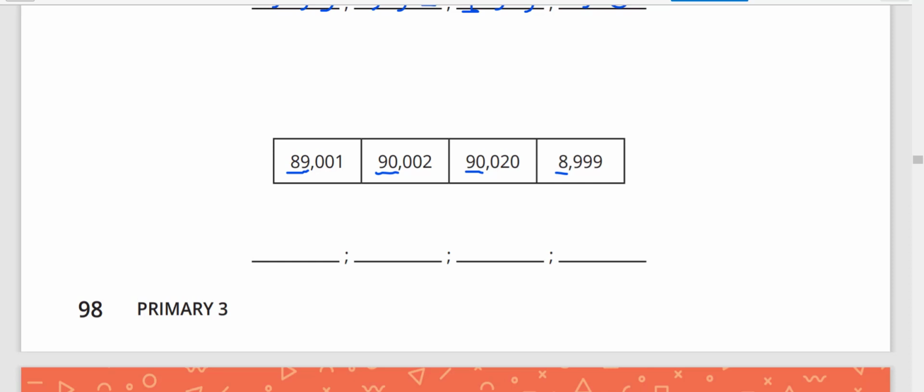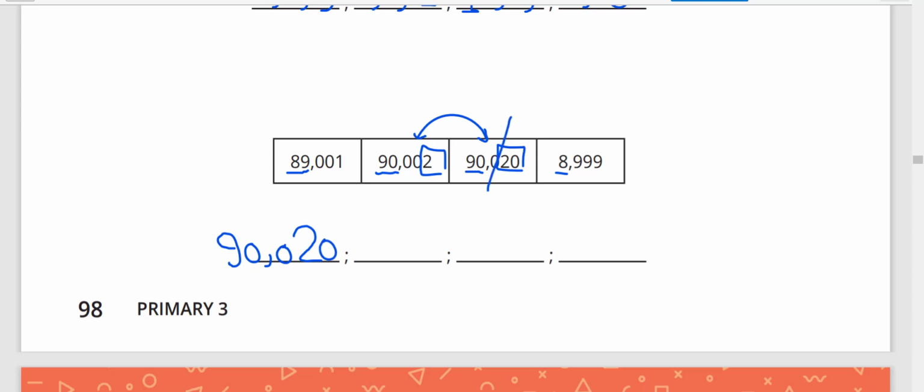Then compare between these two numbers, 90,002 or 90,020. So 90,020 is the greatest number.